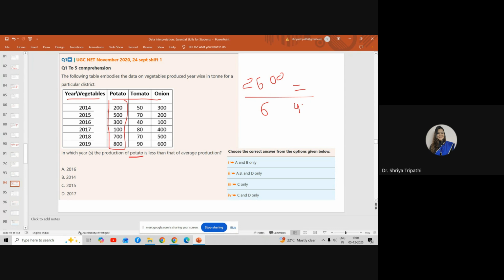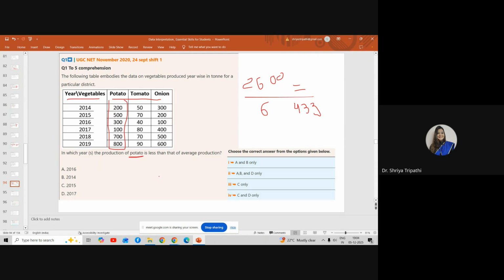Okay, 433, approximately it will come. 433 is the average we are expecting.